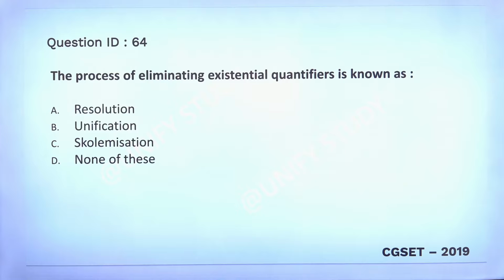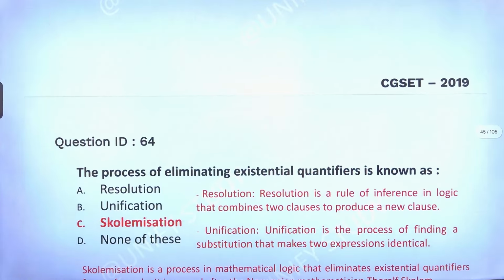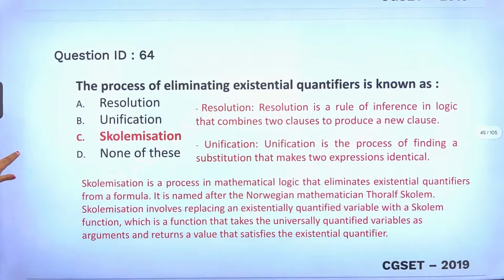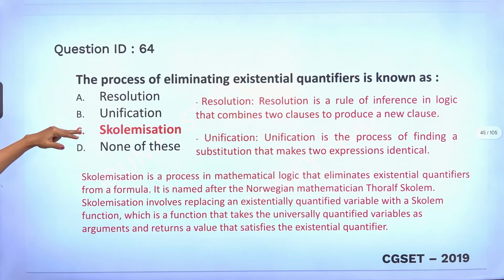The process of eliminating existential quantifier is known as what? This is called Skolemization. This is also very important. A question came previously also from here.